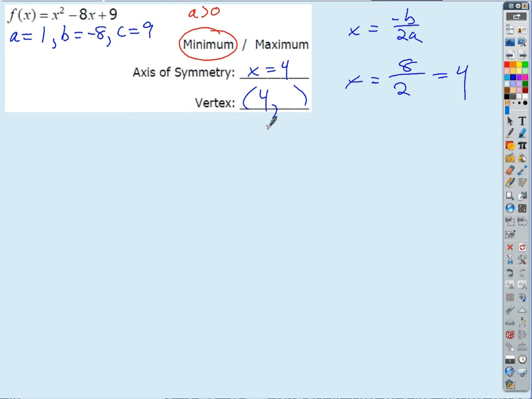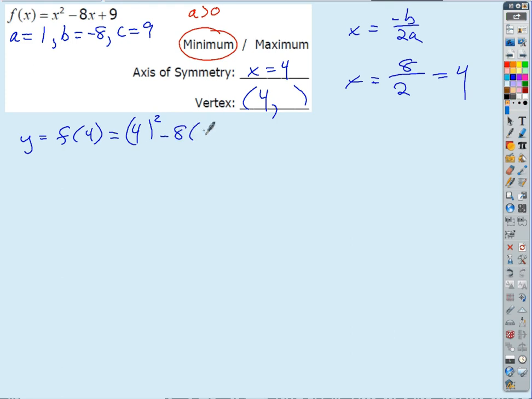4 something. And to find out, I'll just evaluate the function at 4, right? So the y-coordinate is just going to be f of 4, which is every place I have an x, I'm just going to open up a quantity to dump that value in.